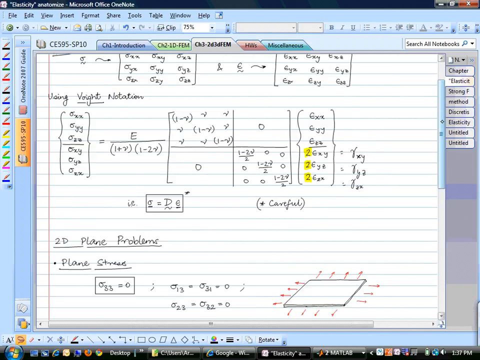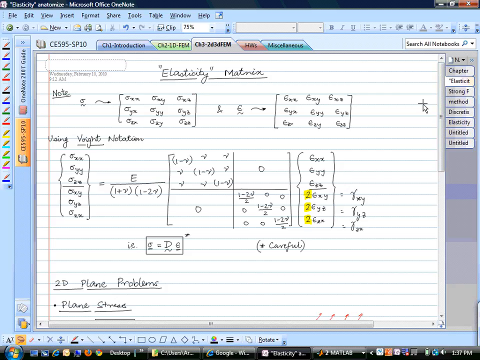And we took a look at how we are going to actually implement this on a computer. We know that stress and strain are tensors, and they can be represented with matrices. But a different notation that is better for implementing it on a computer is this Voigt notation.